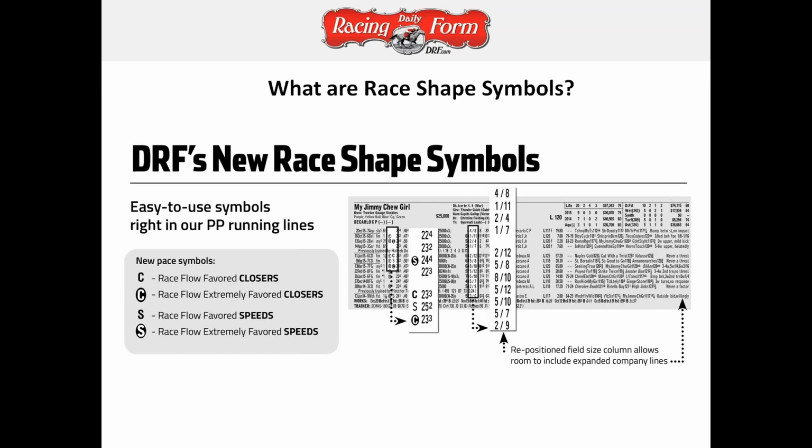Now that doesn't necessarily mean that the horse that won the race came from well off the pace. We wanted to make sure that we were able to recognize those horses who outran the race shape, who were maybe in this case on the lead and held on really well. That doesn't disqualify the race as a race. That doesn't say, hey, the pre-race label was wrong. What it's saying is that horse ran a particularly good race.